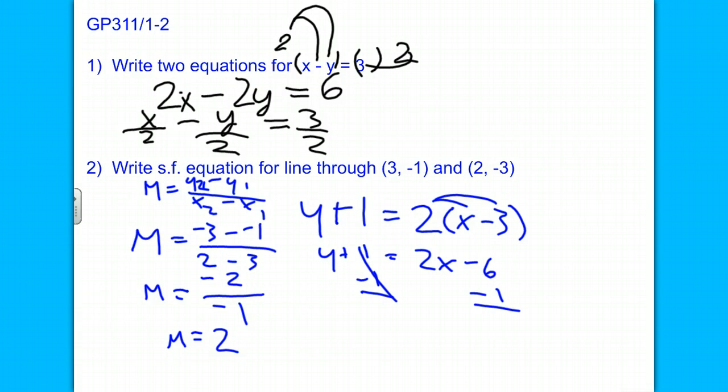So she plugs in, she chose 3, -1 to plug in, and -6 minus 1 is more negative. -6 minus 1 is -6 plus a -1, right? And now we have slope-intercept form, and we just have to do the final step, changing it to standard form, right?